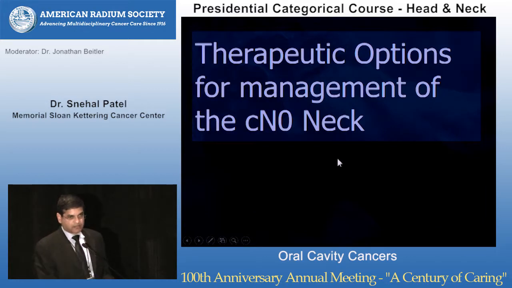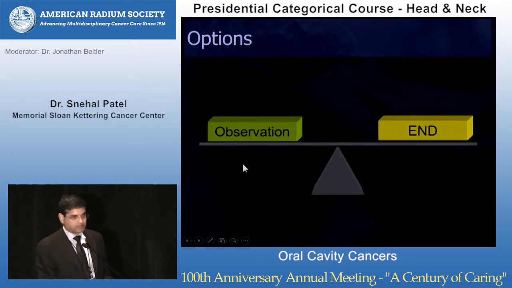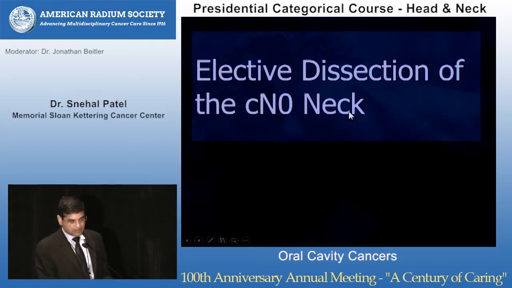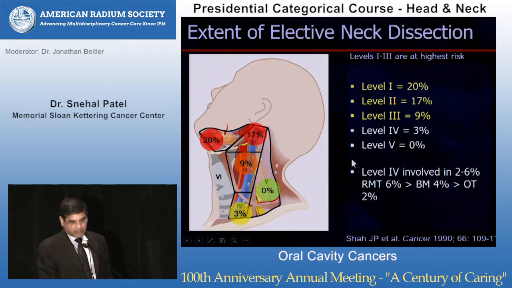Now, having said that, the therapeutic options you have right now are either to observe the neck or to do a neck dissection, an elective neck dissection as it's called, because there's no demonstrable metastatic disease at the time of surgery. For elective dissection of the neck, we know from data that came out of Dr. Shah's work at Memorial that the highest risk for lymph node metastases is in the top 3 levels, levels 1, 2, and 3, for oral cancer.